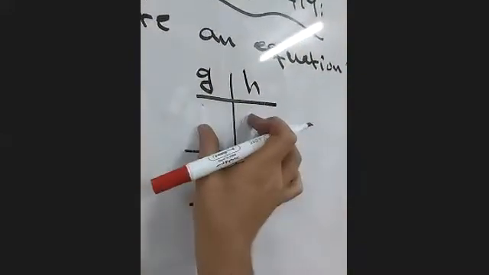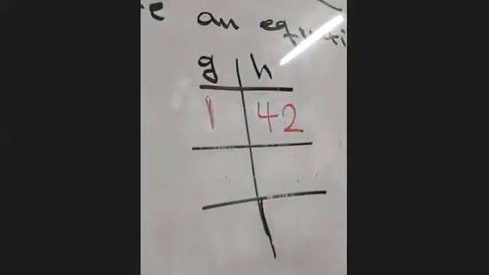Now let's find the first point. What are the numbers of the first point? The coordinates, we call them. This is the first point. See it? Yes. What is the first point? G is 1 and H is 42. Excellent.